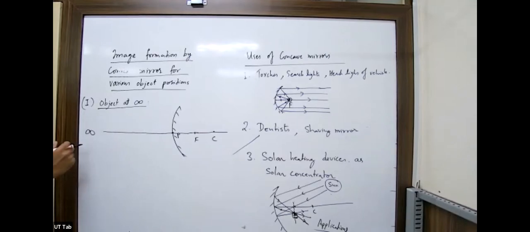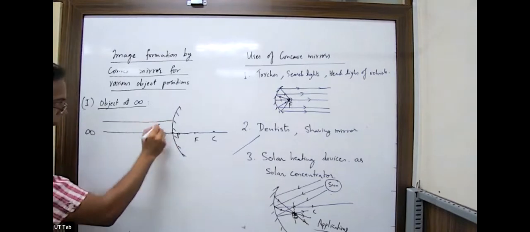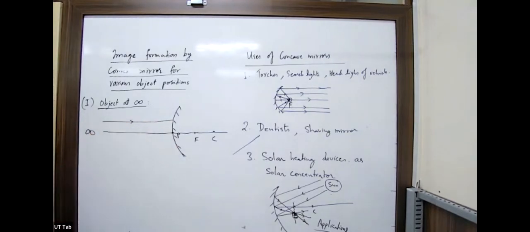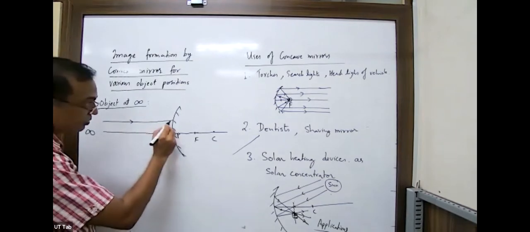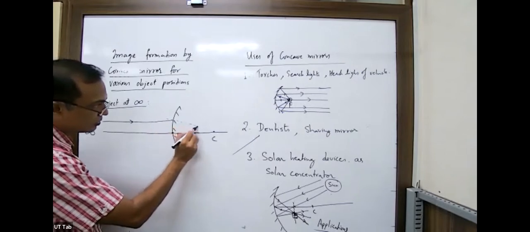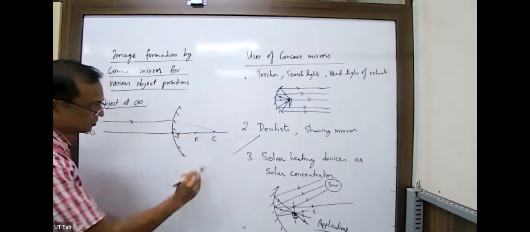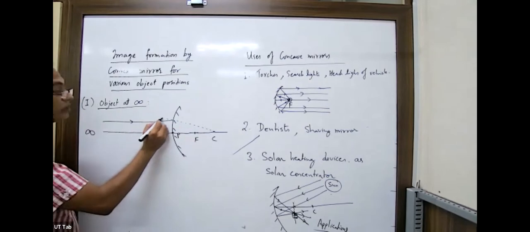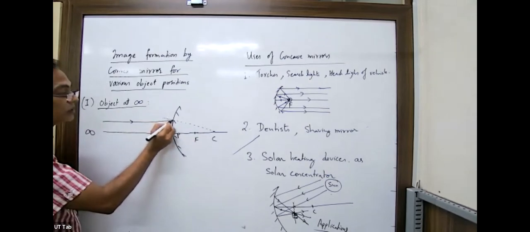When the object is at infinity, we only show a straight line. Then it will reflect. Which direction will it reflect? For that, I need to know the normal. So the normal is just this line. Now I am getting the angle of incidence.